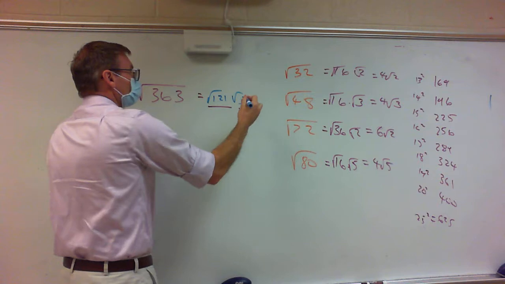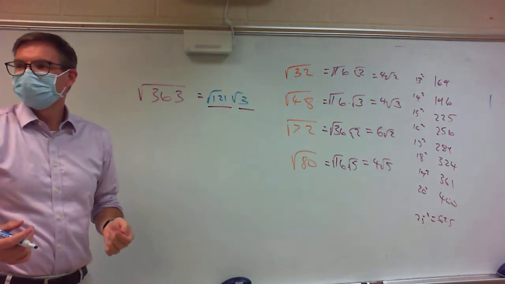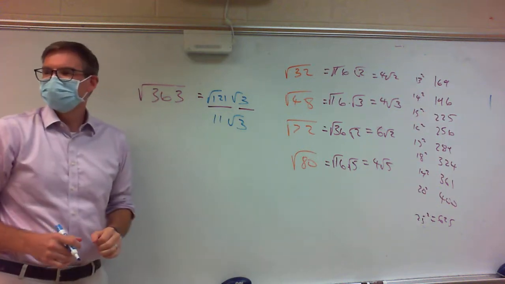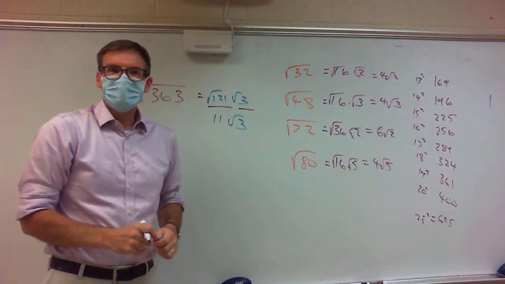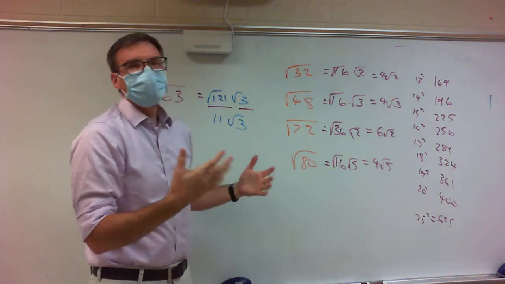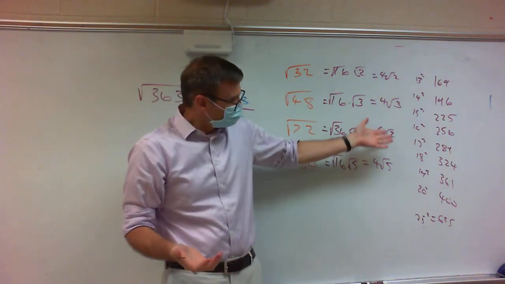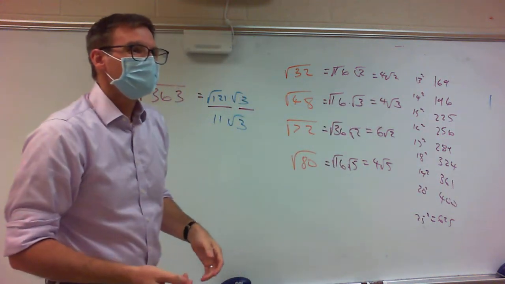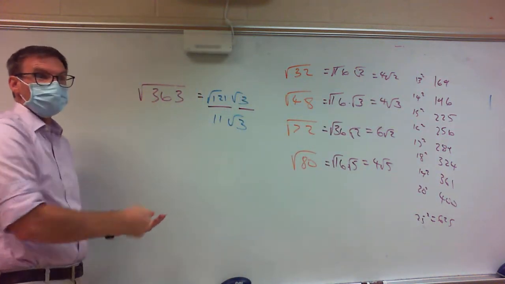Do I happen to know the square root of 121? Yeah. So this gives me 11 square roots of 3. Little trick, right? It's knowing that when teachers give you problems like this, the answer is either going to end in a square root of 2, square root of 3, or square root of 5. Knowing that helps out.